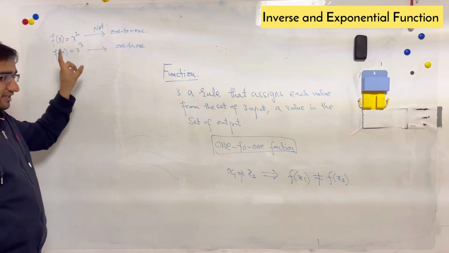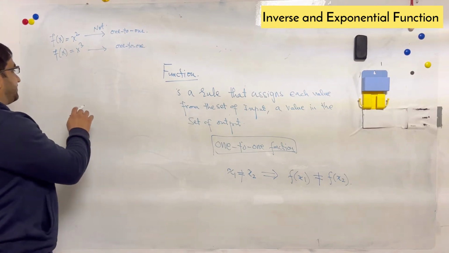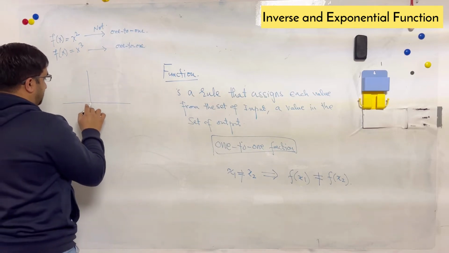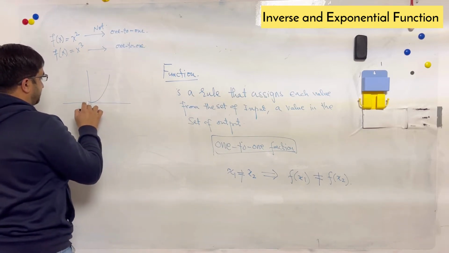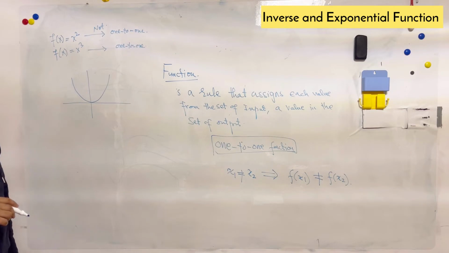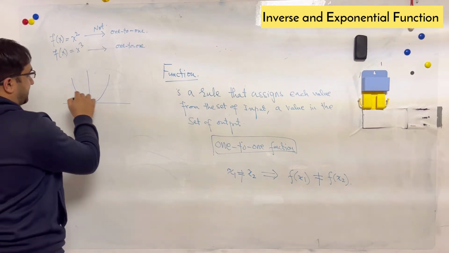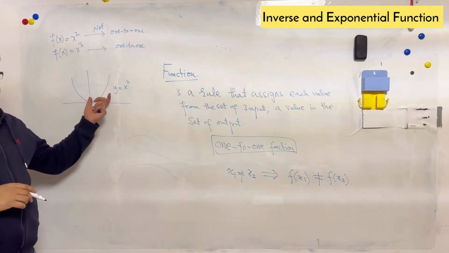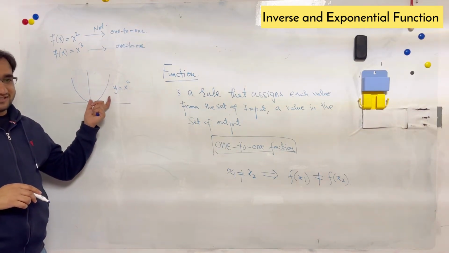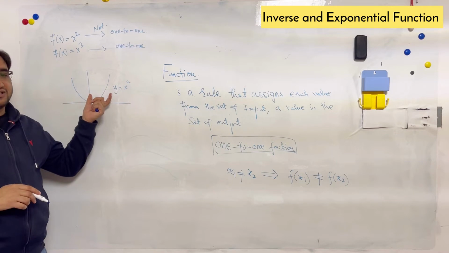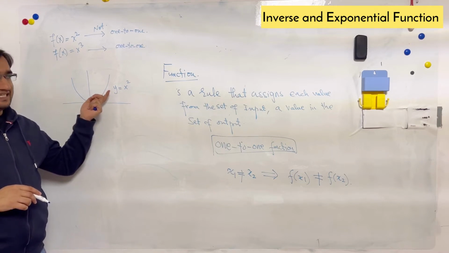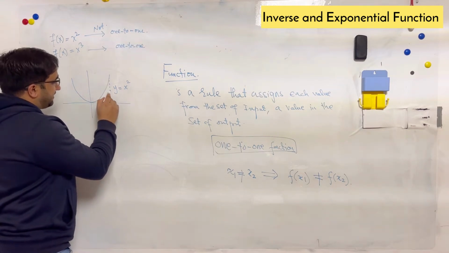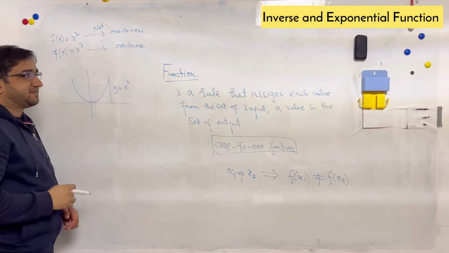Now if I draw the graph of these two functions, you are very much familiar with the parabola. We have been dealing with this many times. This is the curve for the function y equals x square, and this is the curve with which we started advanced mathematics 2 for the integrals, area under the curve stuff. Remember this portion?